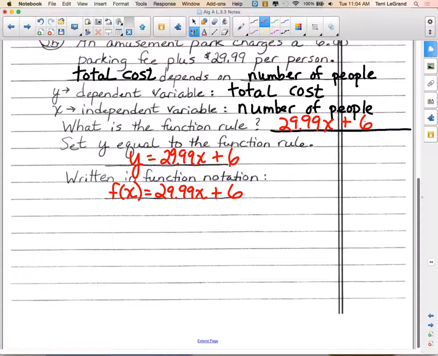It has to be written f of x instead of y. f of x equals 29.99x plus 6. If they don't specify function notation, then you get to let the y stay there. But if they say function notation, there shouldn't be a y in your equation. There should be an f of x instead. Okay, any questions?